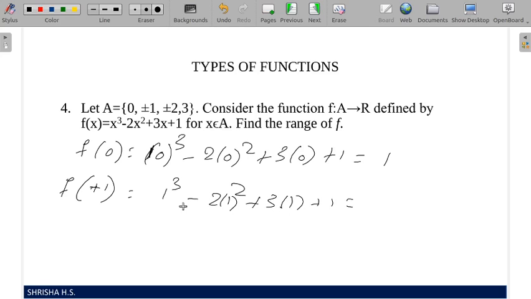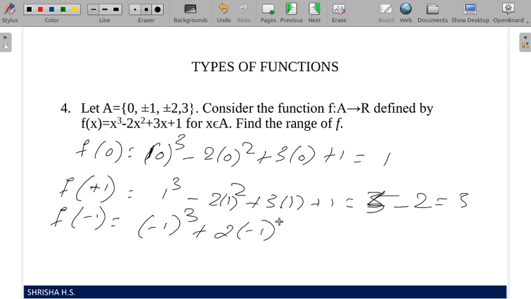So what do we have here? 5 minus 2, that is 3. Okay, so make it a minus 1 now. Let's see, minus 1 cube minus 2 into minus 1 square, plus 3 into minus 1 plus 1.